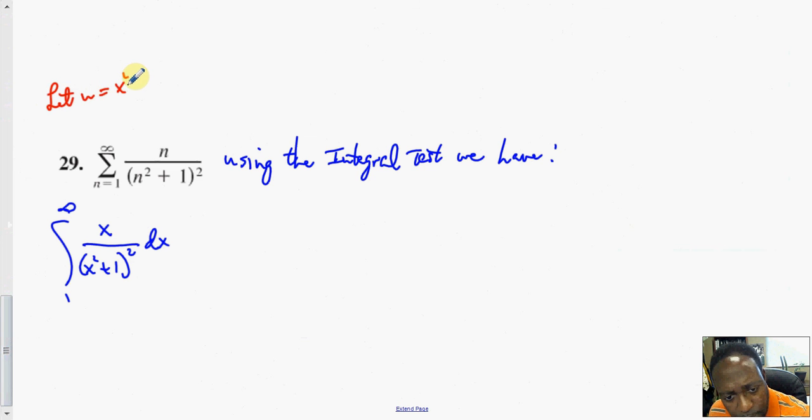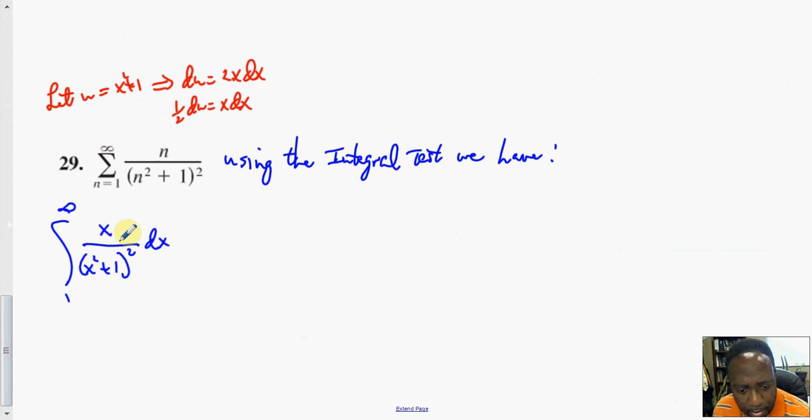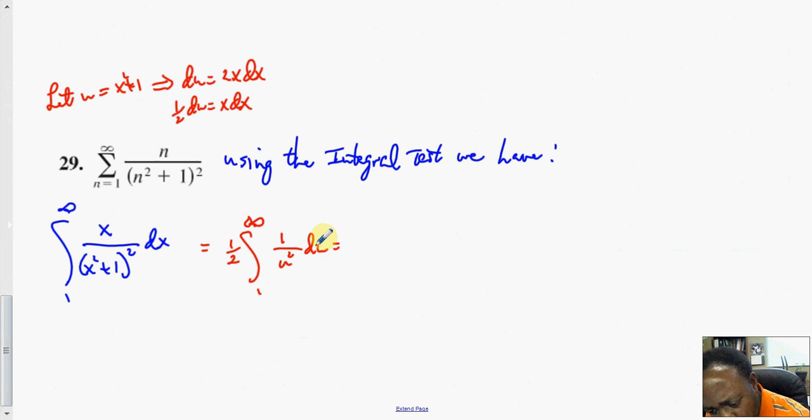Let u equal x squared plus 1. That implies that du is 2x dx, so 1/2 du is x dx. So the numerator becomes 1/2 du. So 1/2 times the integral from 1 to infinity of 1 over u squared du.